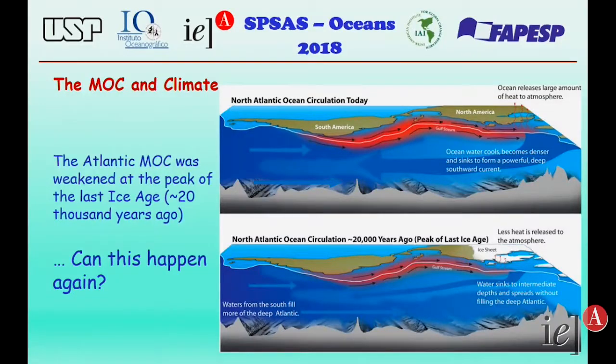But the conclusion was, about 2,000 years ago, the connection between the Indian Ocean and the Atlantic Ocean, what we call the Agulhas leakage. The Agulhas leakage is because there is a current in the Indian Ocean named the Agulhas current.